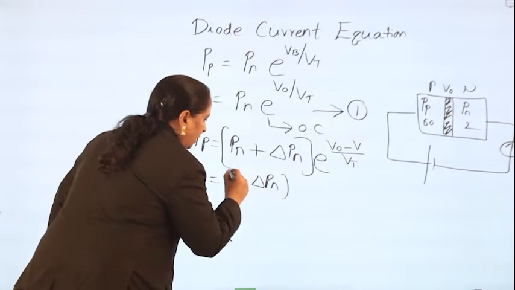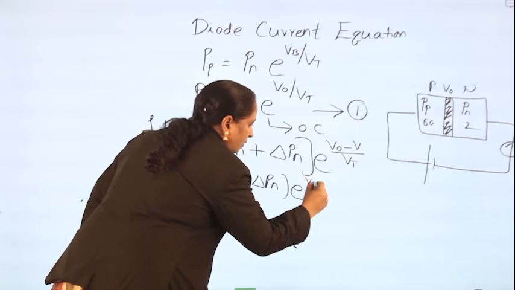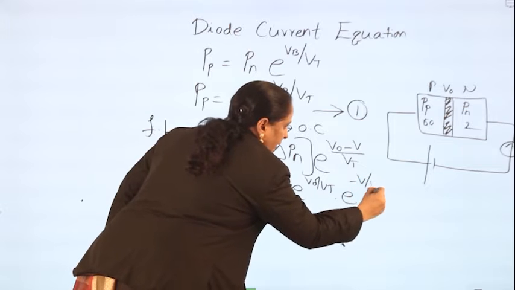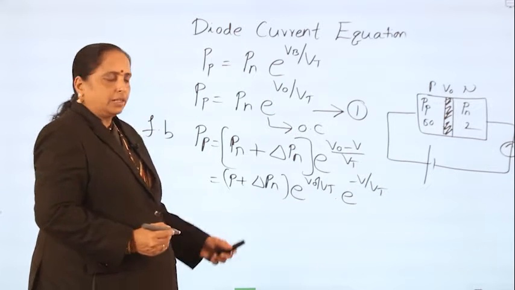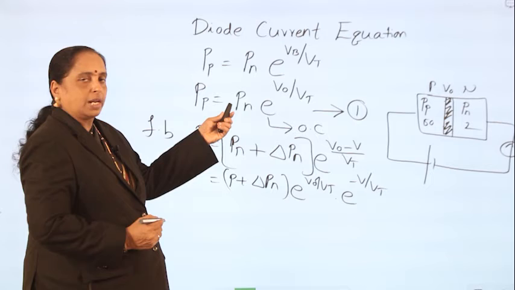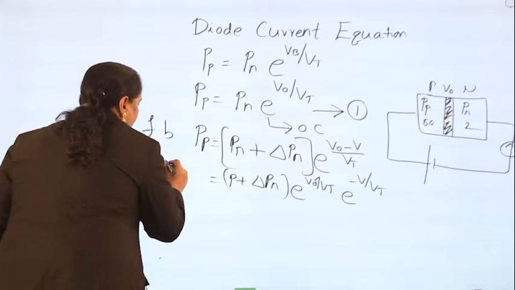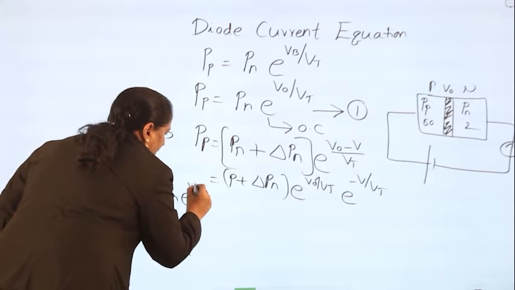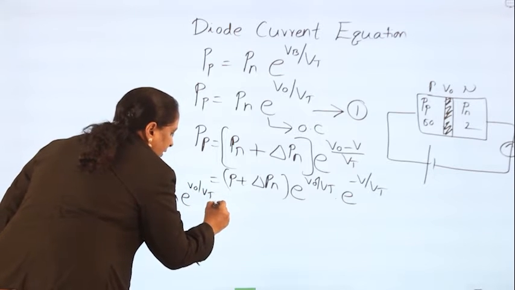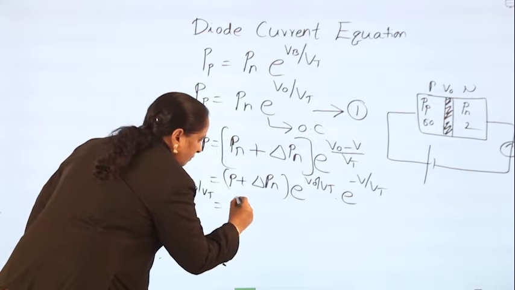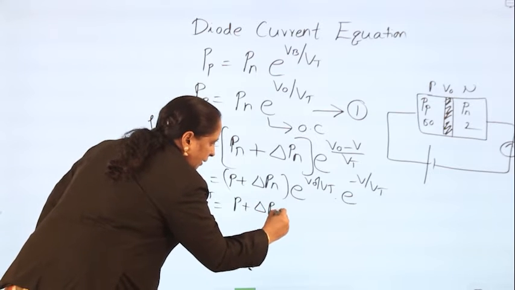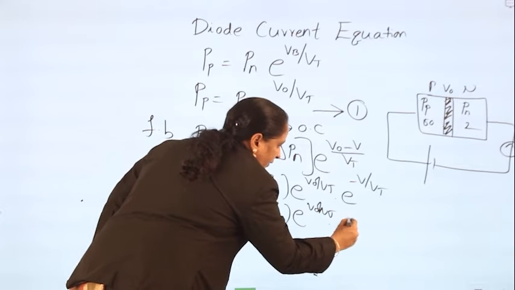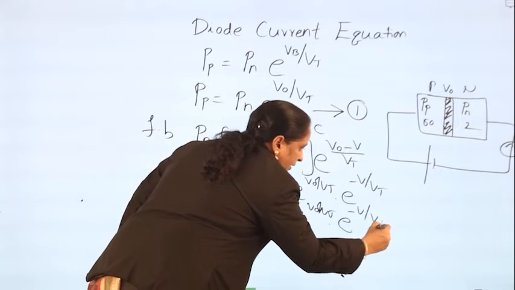So if you separate this, Pn plus delta Pn into e to the power of V naught by Vt into e to the power of minus V by Vt. On the left side also you can change, from equation number 1, Pp is equal to this one. So Pp is equal to Pn into e power V naught by Vt, which is equal to Pn plus delta Pn into e power V naught by Vt into e power minus V by Vt.